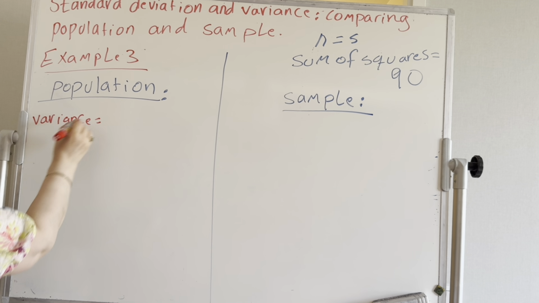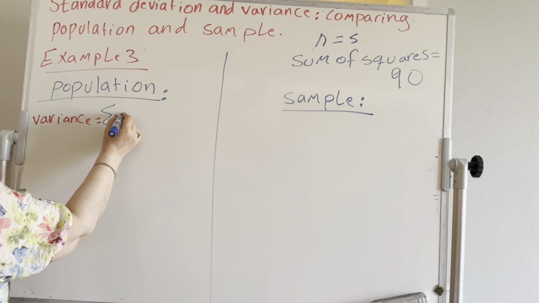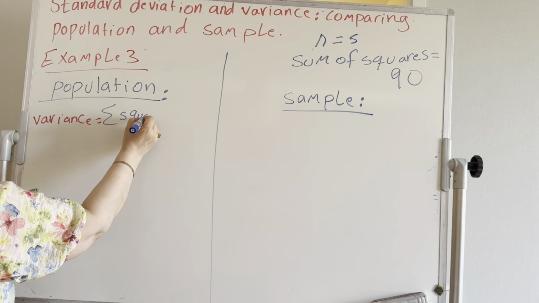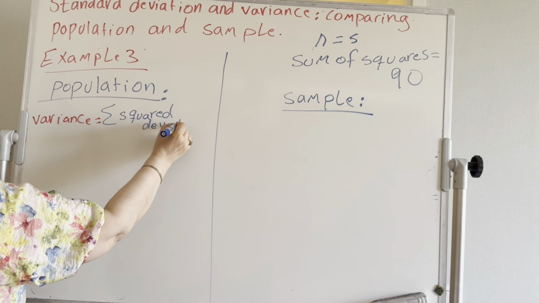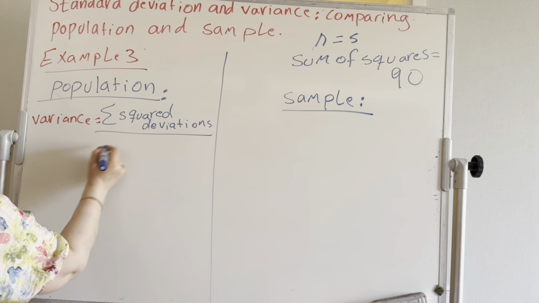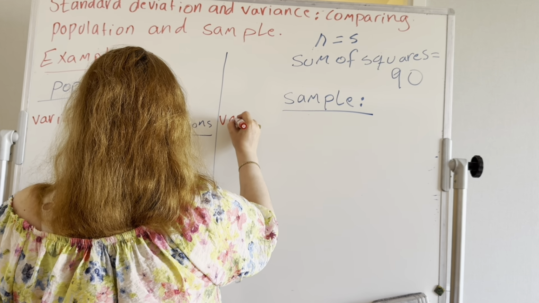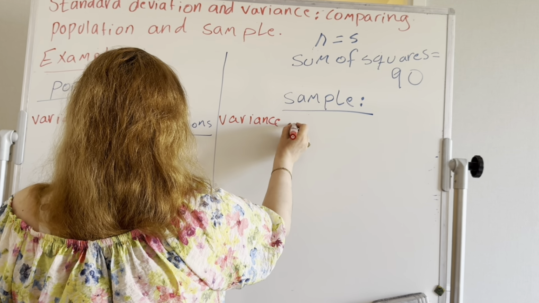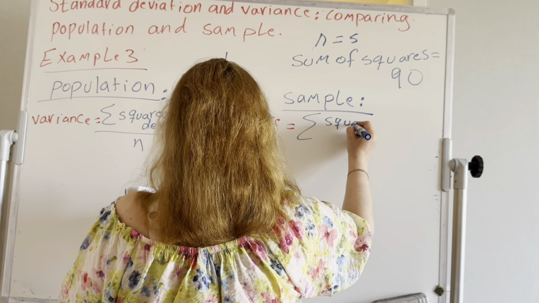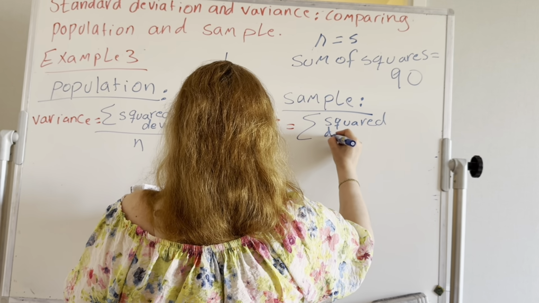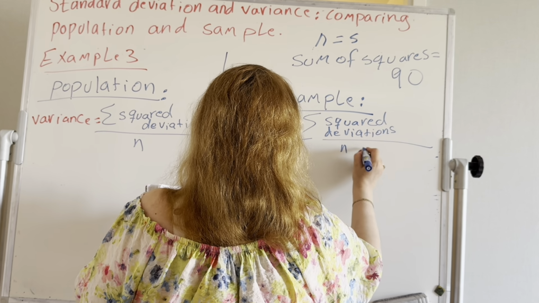Variance equals the sum of squared deviations divided by n, and for sample, variance equals the sum of squared deviations divided by n minus 1.